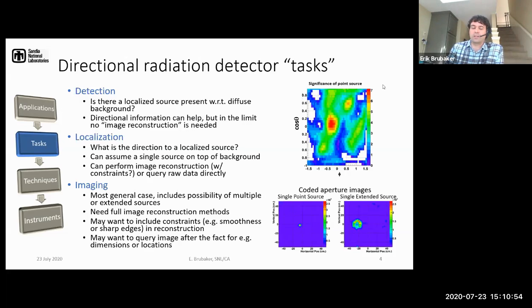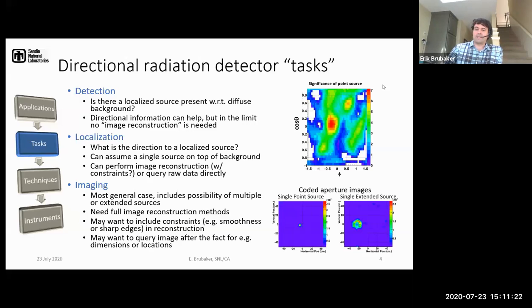And the distinguishing characteristic that we can access with directional information is that background tends to be diffuse, maybe not completely uniform, but slowly varying spatially or with respect to angle. Whereas a threat source is much more likely to be a localized source, either a point source or something that, at the distance from the detector that it's at, is effectively a point source.